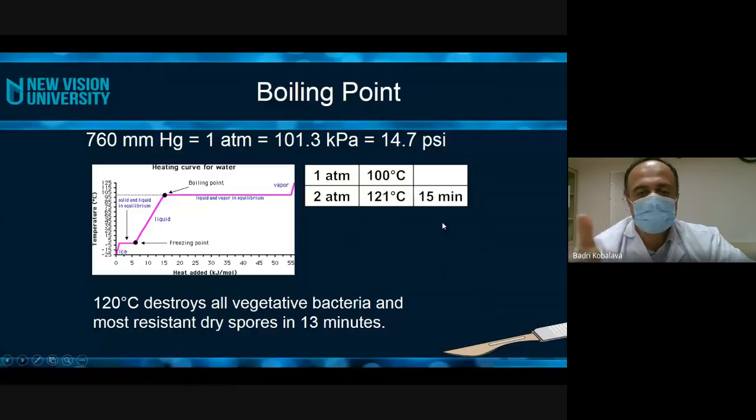But besides these autoclaving parameters, there are also local regulations.